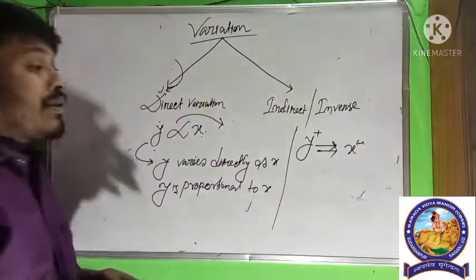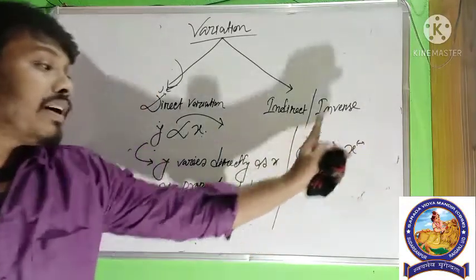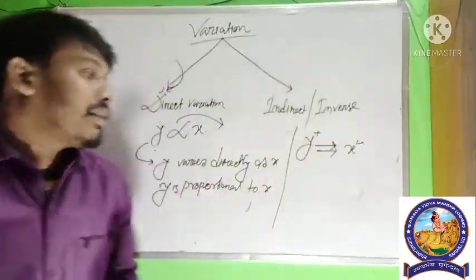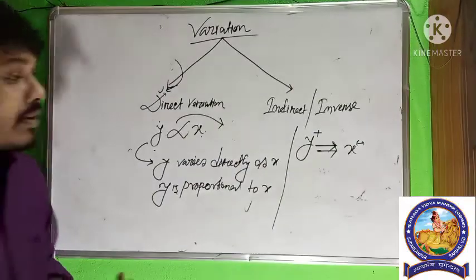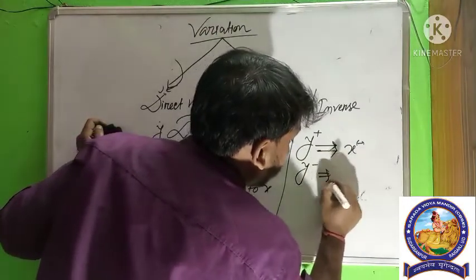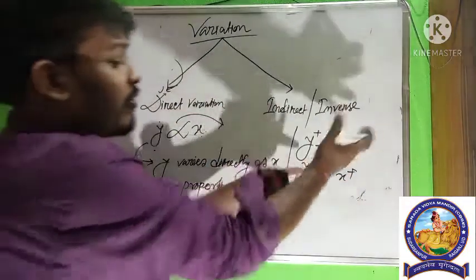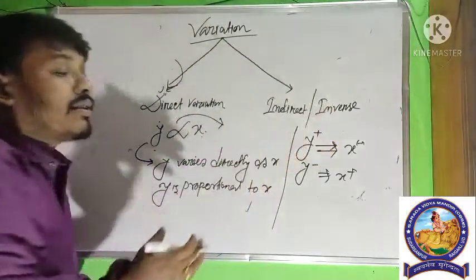So if the value of y is increased, then the value of the other variable is decreased. If the value of y is decreased, then the value of x increases. That means here it is opposite. That's why we call it inverse variation.